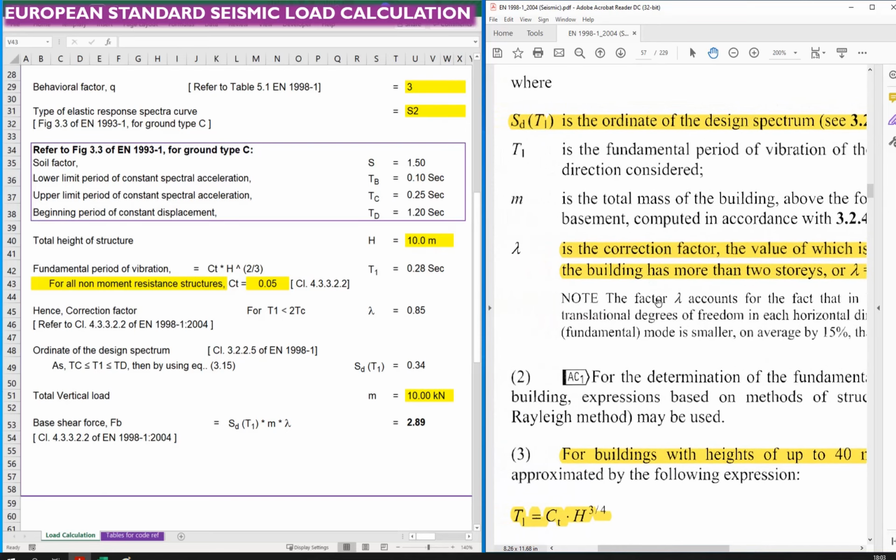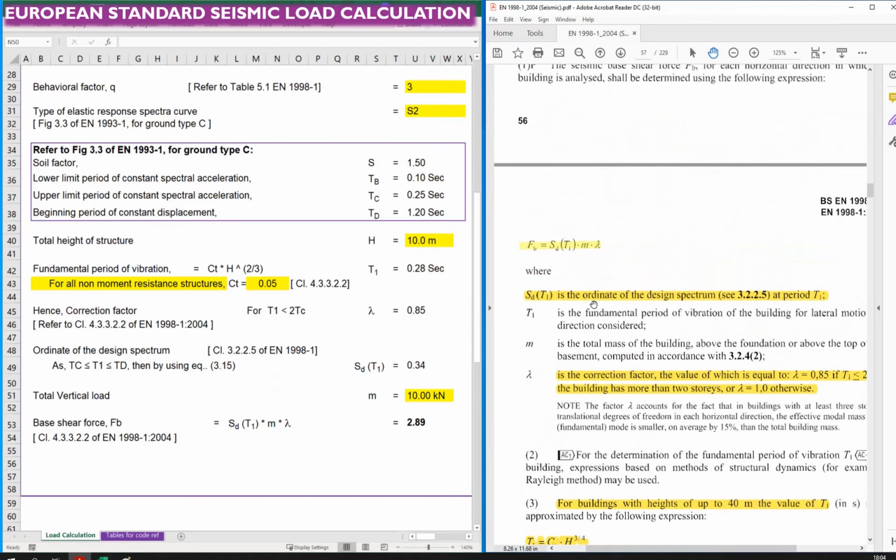So this is what is defined here for the correction factor. Next one is the ordinate factor. For that we need to refer to clause 3.2.2.5, page number 56.